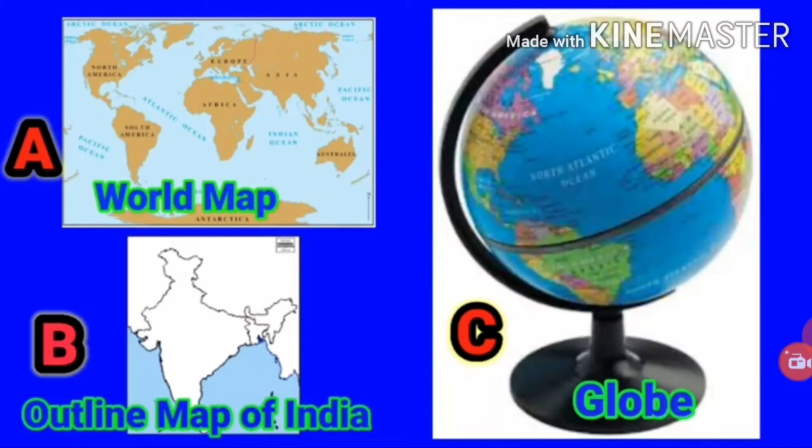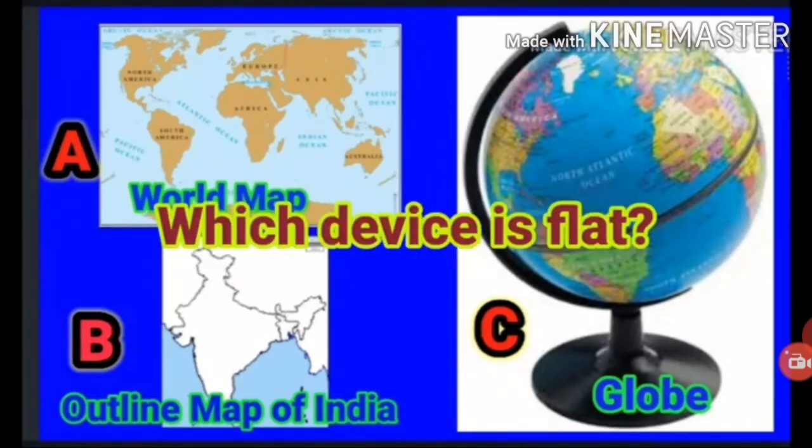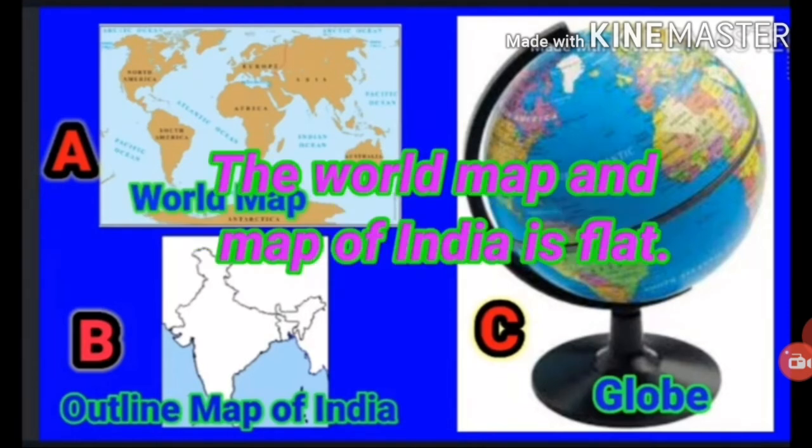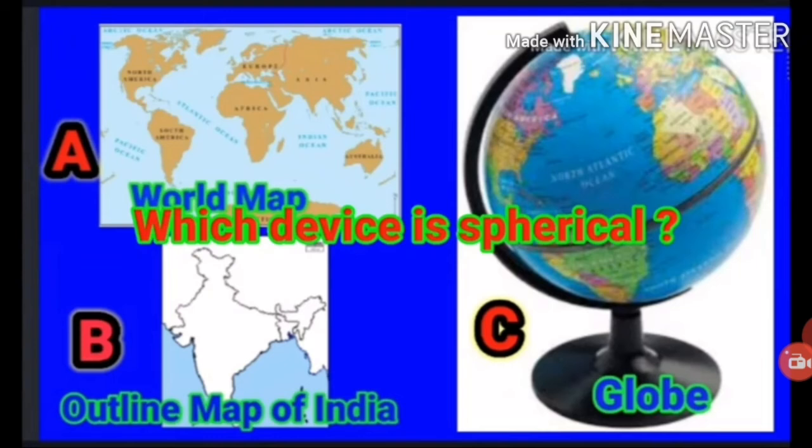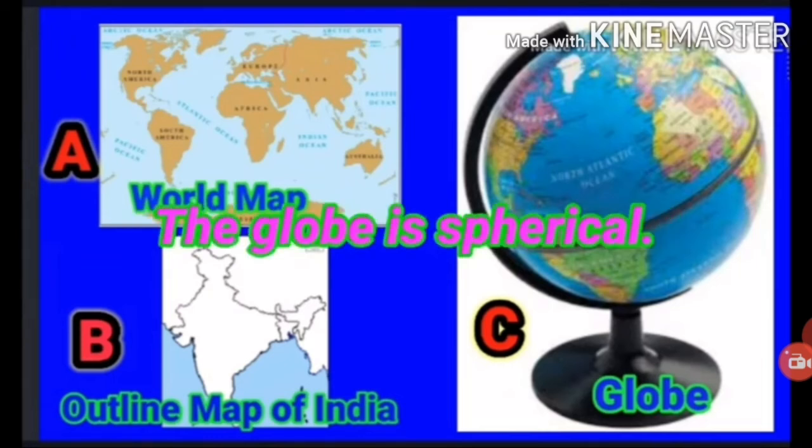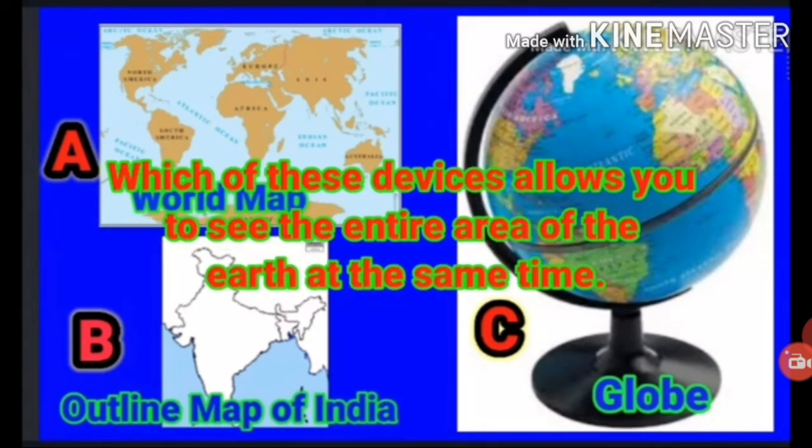To understand this lesson, let us answer some of these questions. Which device is flat? The world map and map of India are flat. Which device is spherical? The globe is spherical. Which of these devices allow you to see the entire area of the earth at the same time?